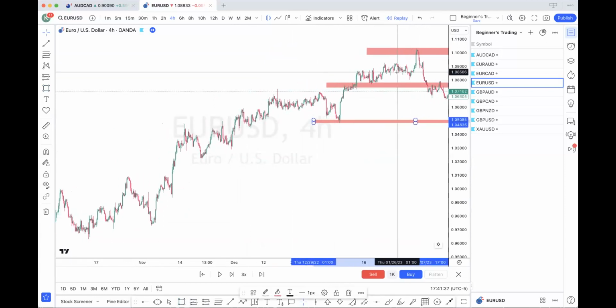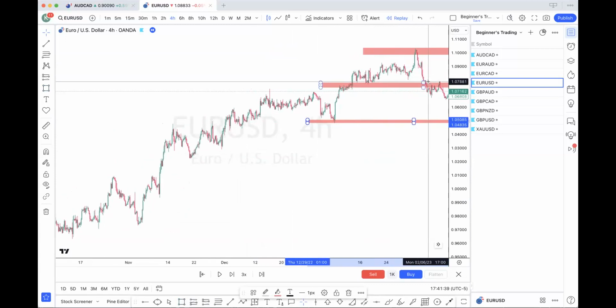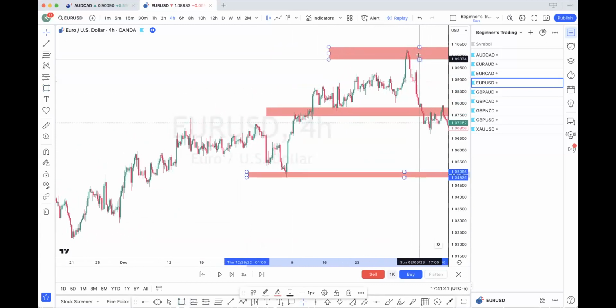So price, we're right here. We logged on our chart. Price is right here. Price came into the zone. You see it's no bullish momentum, right? So we have a level of support and resistance right here.